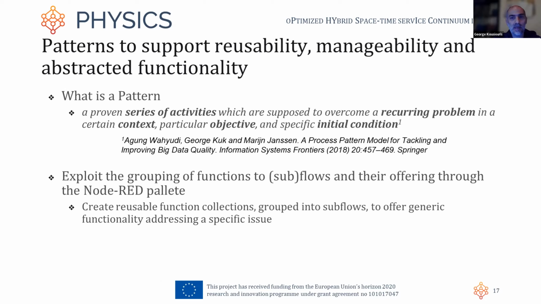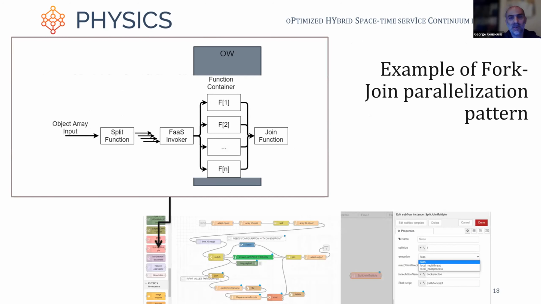As an example, one of the first patterns we have implemented is a fork-join parallelization pattern. In that case, you have a ready-made node in the Node-RED palette. You can bring it into your flow, and what this node, this subflow does, you can see the implementation here, is that you can feed it with an array of inputs.